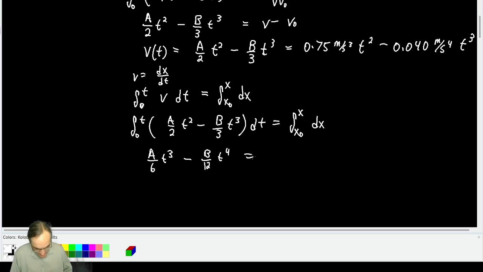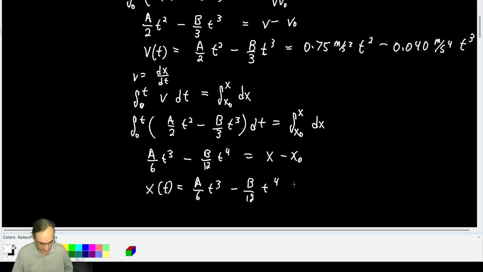Since our starting point is 0, we don't get any of those terms in this case, which is nice. On the other side, we just have x minus x naught, which means x as a function of t will be equal to a over 6 t cubed minus b over 12 t to the fourth. Because, again, x naught was 0.